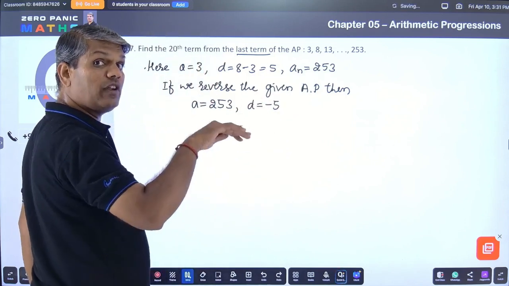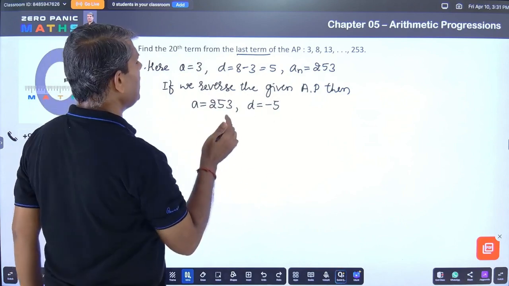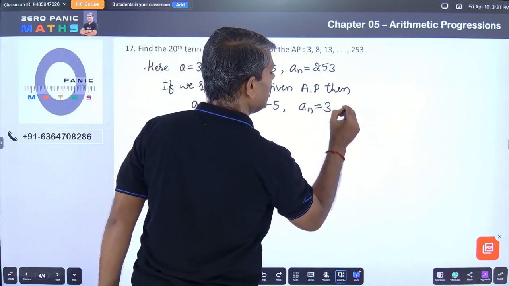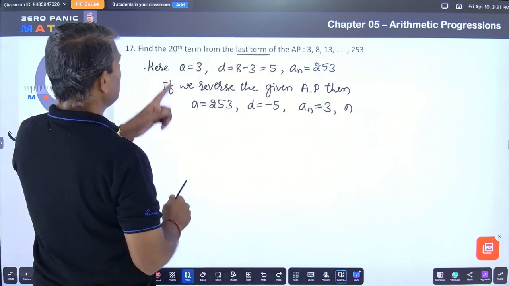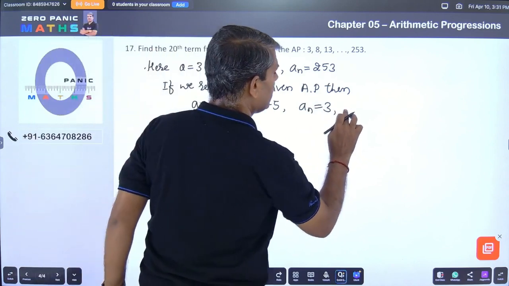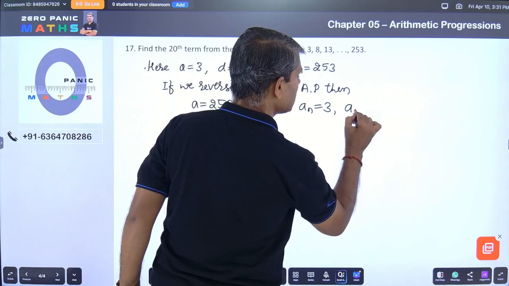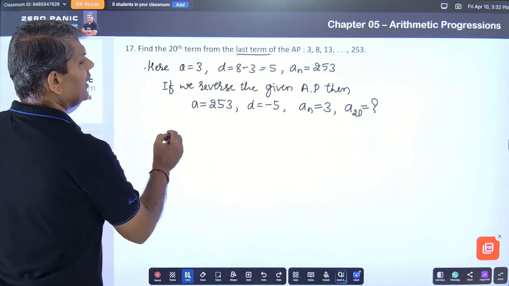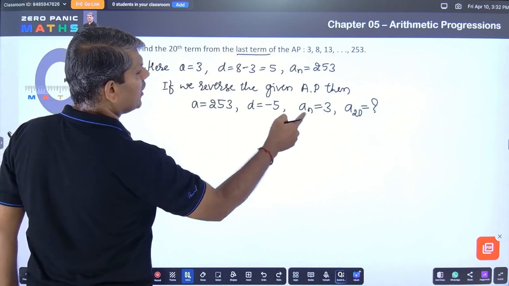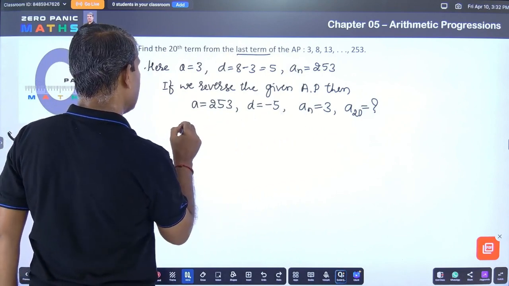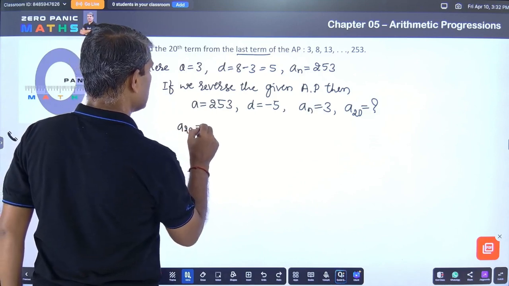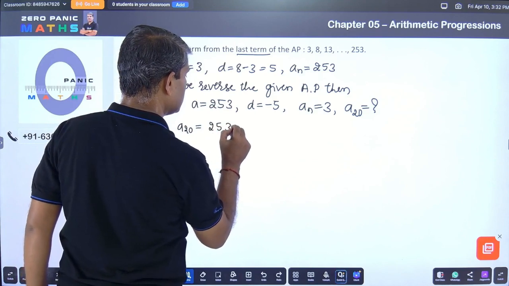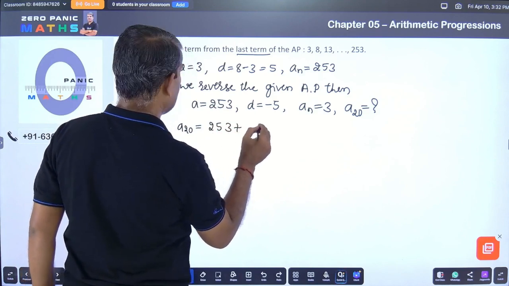In that case it will be decreasing, so it will be minus 5, and an is equal to 3. We need to find the 20th term from the last. Let us write A20 is equal to A plus, where A is 253, plus n minus 1.